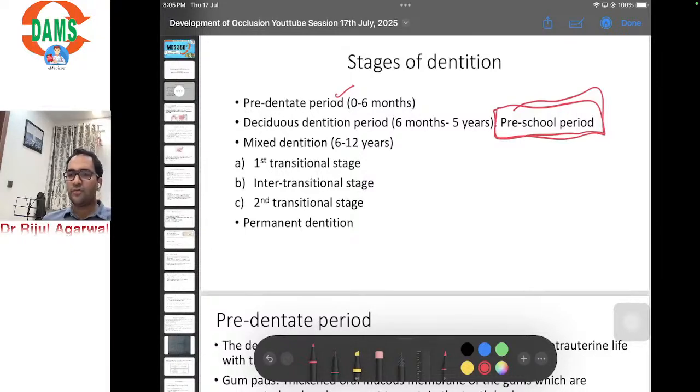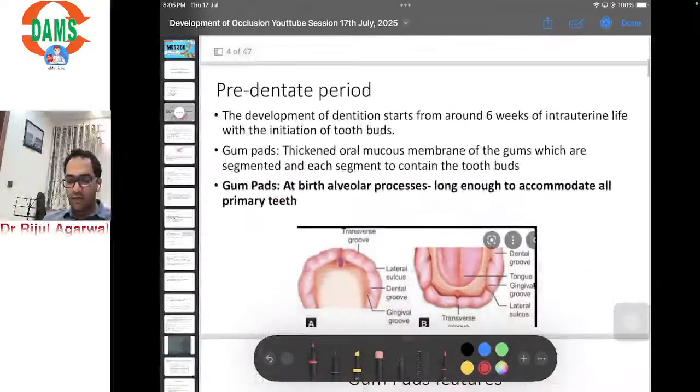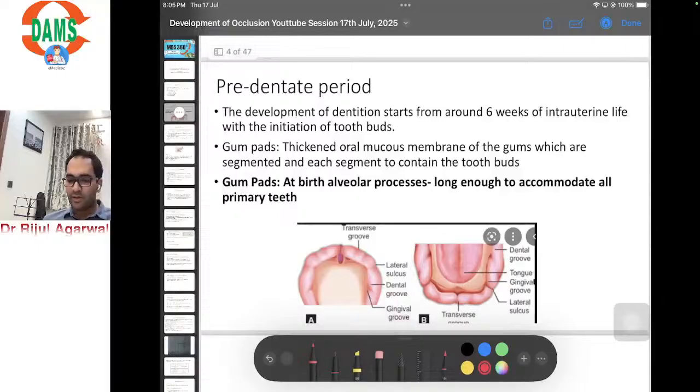We are going to look at the features of each of these stages in detail, beginning with the pre-dentate period. Pre-dentate means before the teeth actually come inside the mouth of the child.